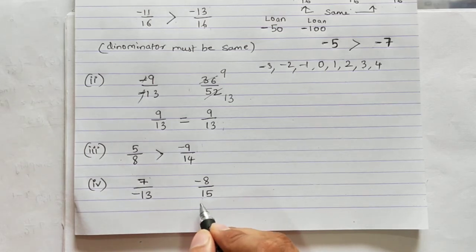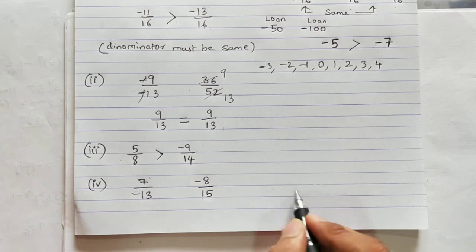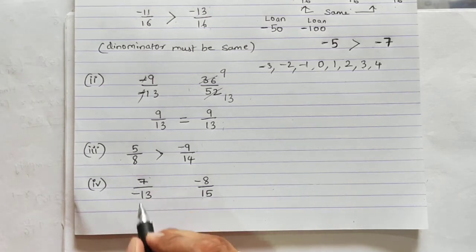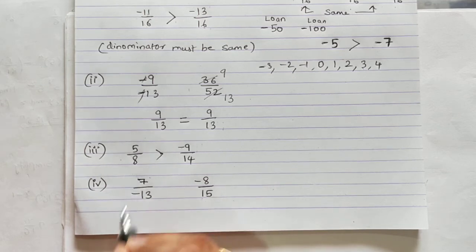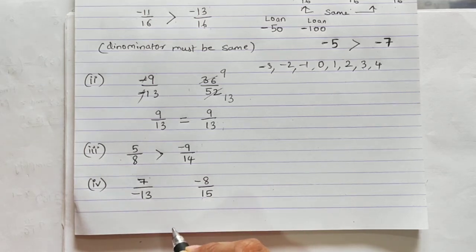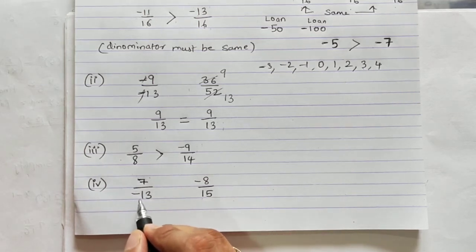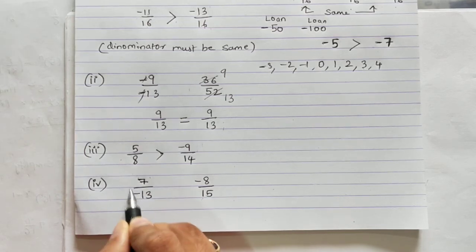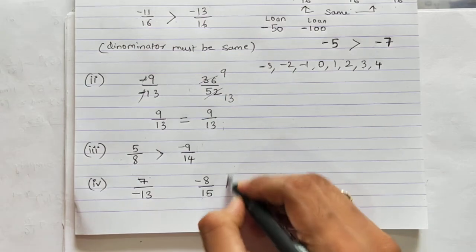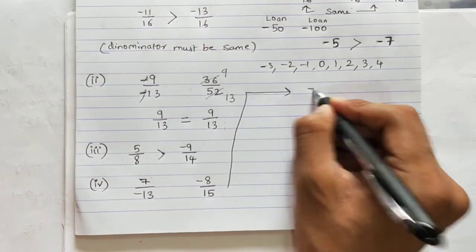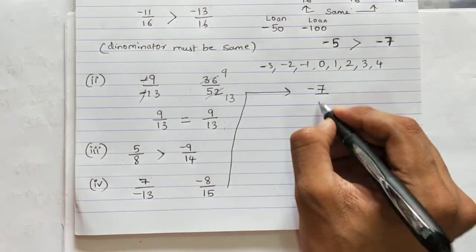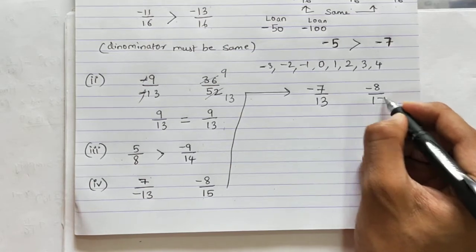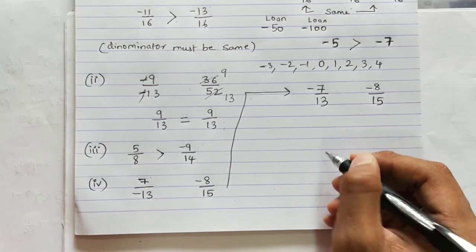The simplest way is, on the rough side, cross multiply. Just cross multiply them. First of all shift this minus sign up. I'll do the sum here. This is -7 upon 13 and -8 upon 15.